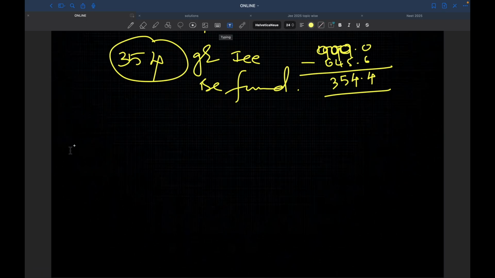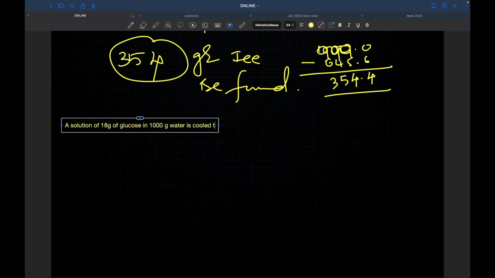Right, I'll give one more question, you try it at home. A solution of 18 grams of glucose in 1000 grams of water is cooled to -0.2 degrees Celsius.